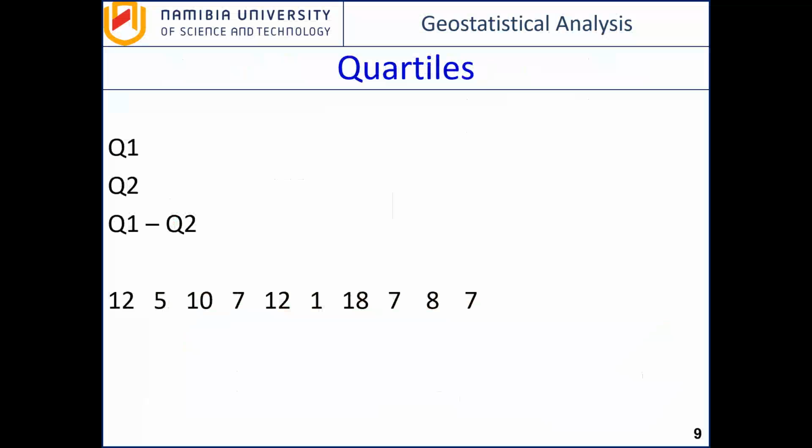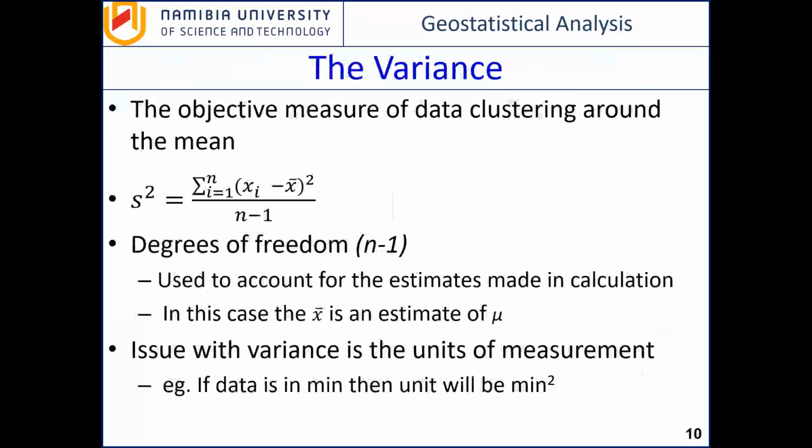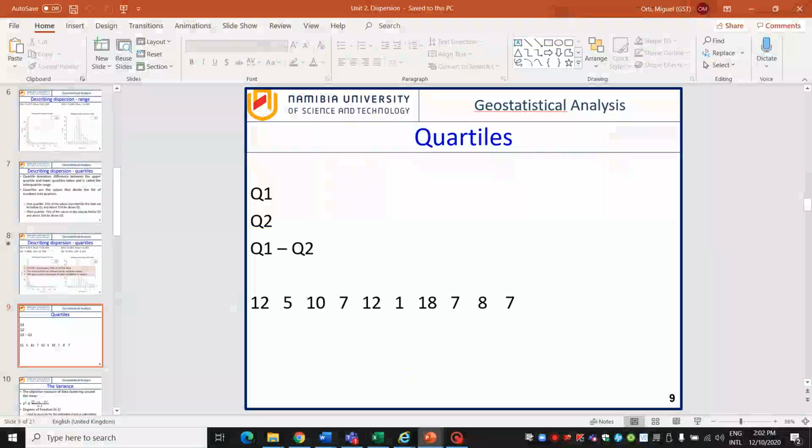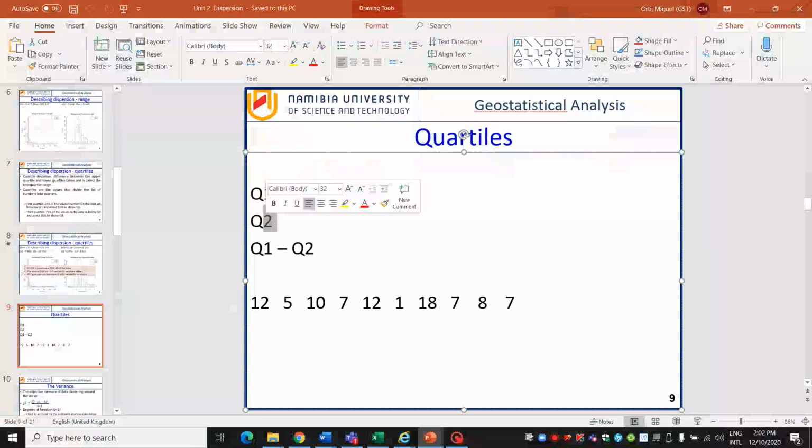Okay, so as an exercise, calculate quartile 1 and quartile 2, or sorry, 3, not 2, 3. As I said, we will repeat this in the exercise. But as a practical now, sorry, there is a mistake here. Calculate quartile 1, quartile 3, and the difference.